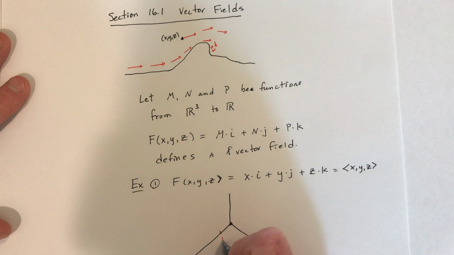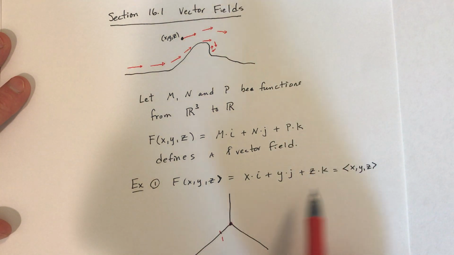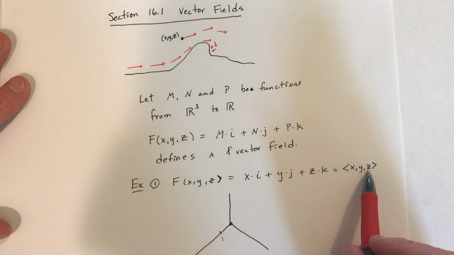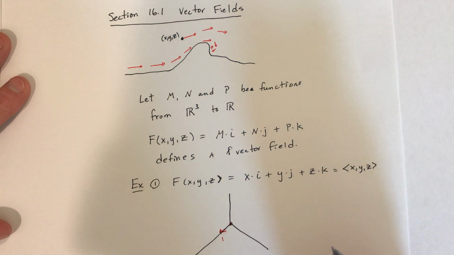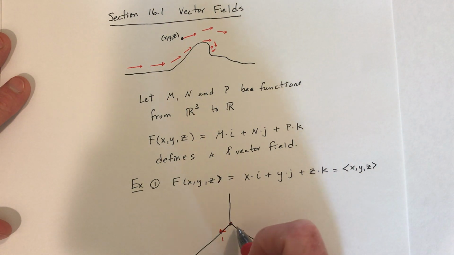Then what if you went out to where x is a 1? So 1, 0, 0. That means the vector is going to be 1, 0, 0. So that vector looks like this. And if you went out 1 on the y-axis, you would get this vector.